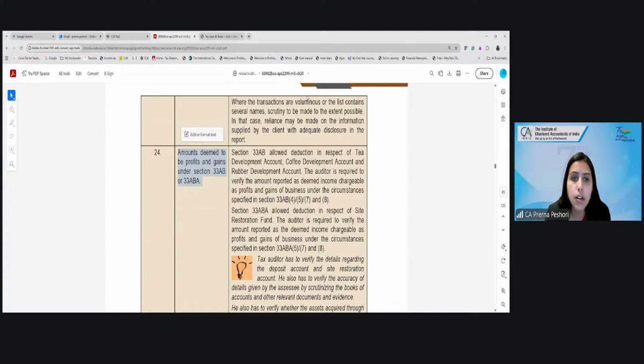Yes, it's tea, rubber, coffee, site restoration. That's right. But what are these sections? What is the amount deemed to be the income?